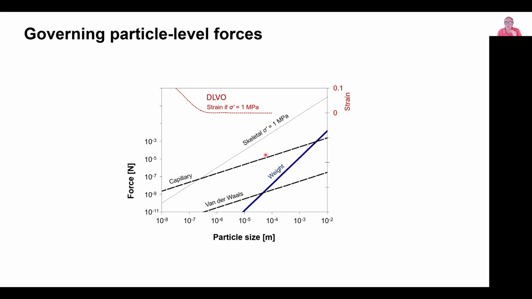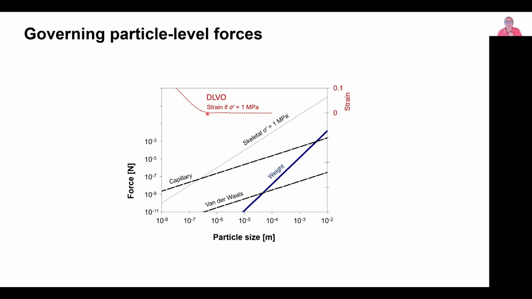And we also look at the forces, DLVO forces. When do they begin causing strains? For example, if you just change a pore fluid, which is pure water, to seawater, we have no strains in the silts and sands. We begin experiencing strains in the clay-sized minerals or particles.